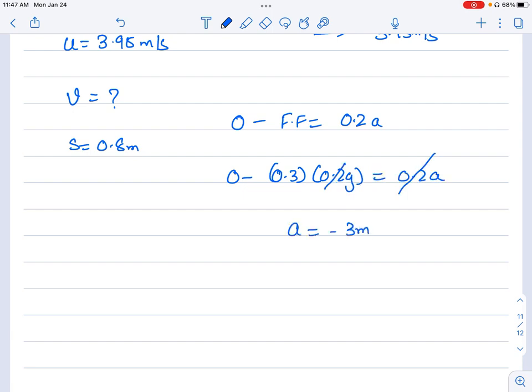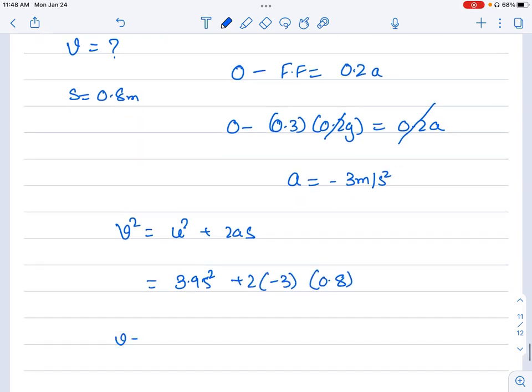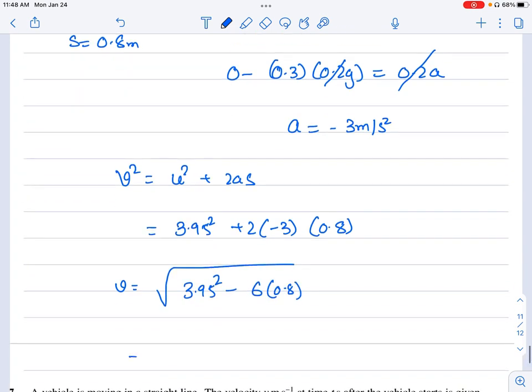Acceleration, or deceleration, is equal to minus 3 meters per second squared. Now I know that, I use v squared is equal to u squared plus 2as. So u squared is 3.95 squared plus 2 times a, which is minus 3, and s is 0.8. So v is equal to the square root of 3.95 squared minus 6 times 0.8. By calculator, it should be around 3.29 meters per second. That's going to be the answer.